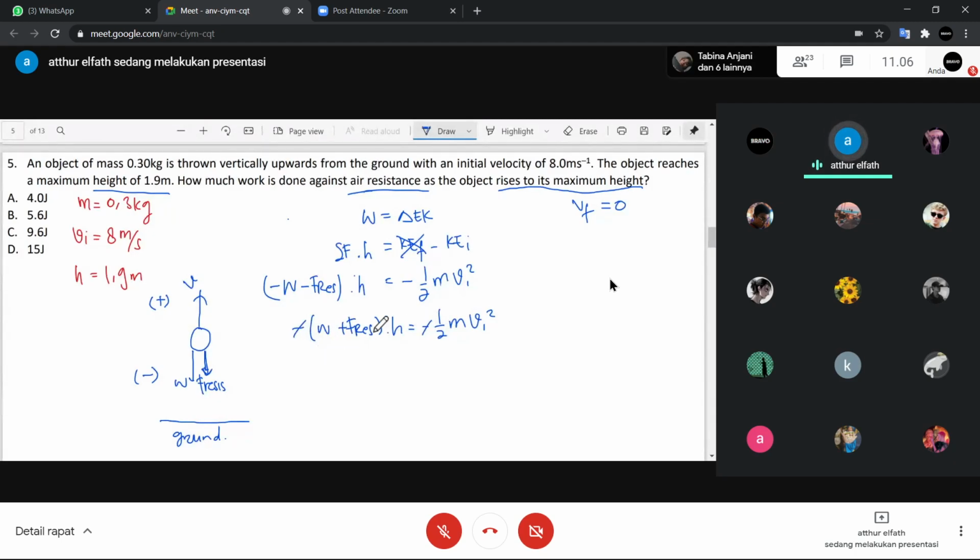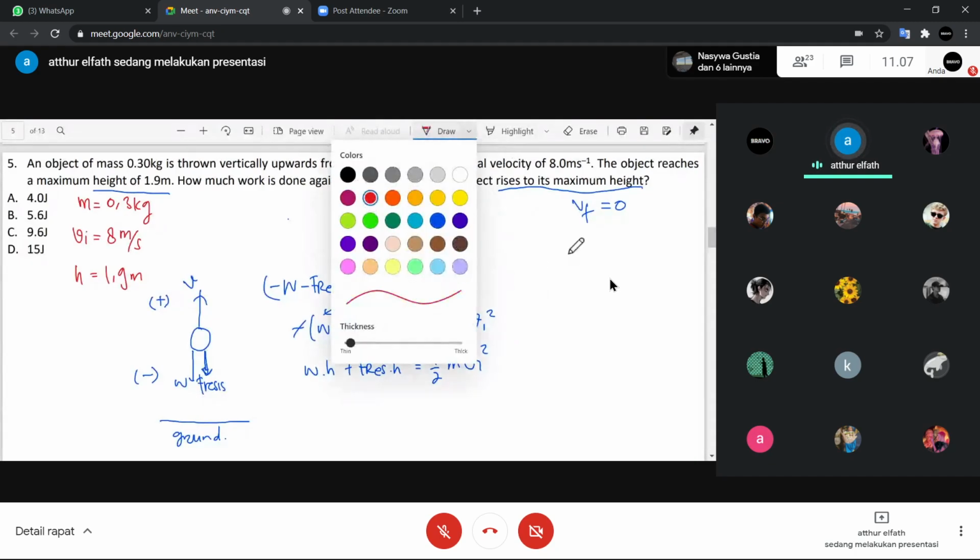And then let's multiply h one by one: weight force times height plus F resistance times height equals 1/2 mass velocity initial squared.